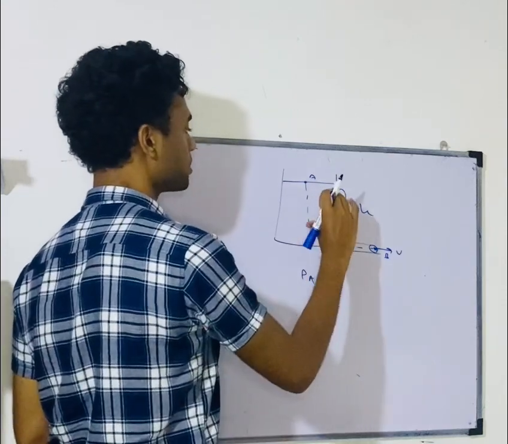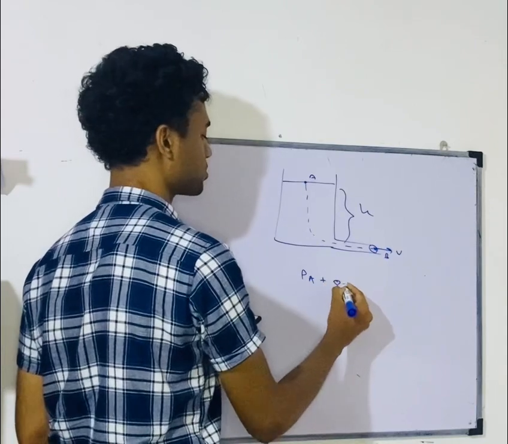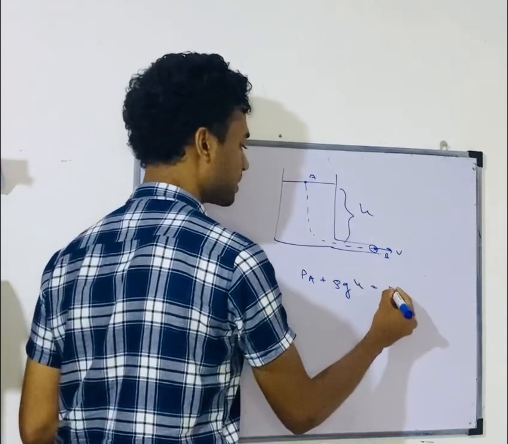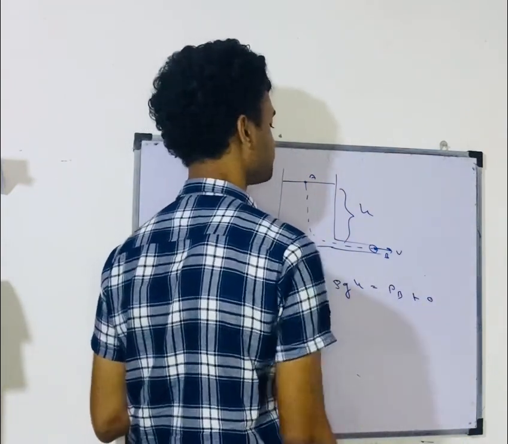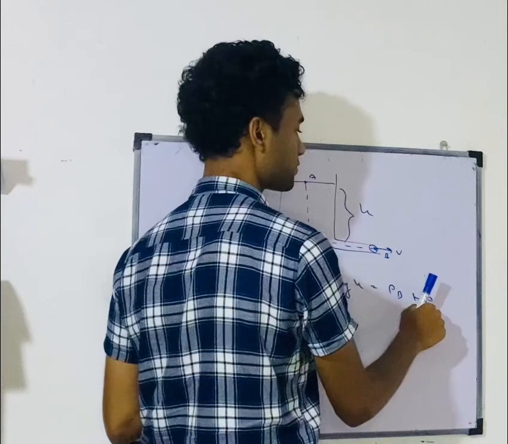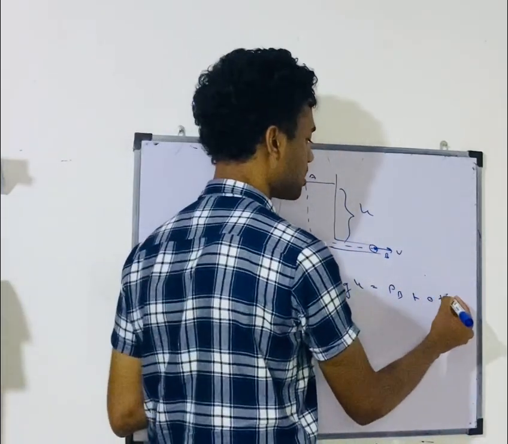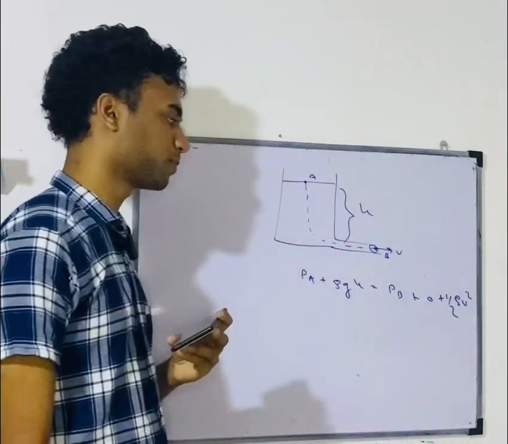Then plus the potential energy per unit volume term, that's rho gh. This should be equal to the pressure at B plus 0, the potential energy per unit volume, plus half rho v squared, the kinetic energy per unit volume.